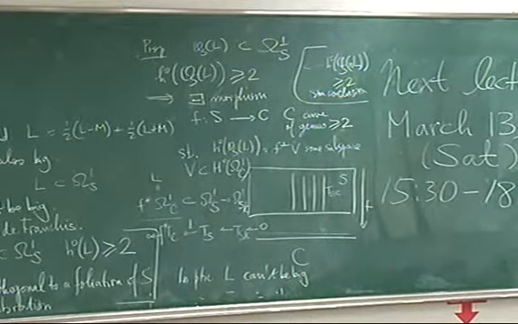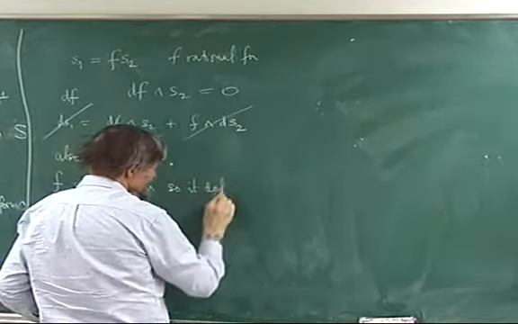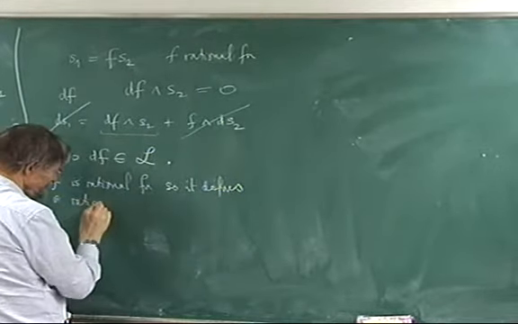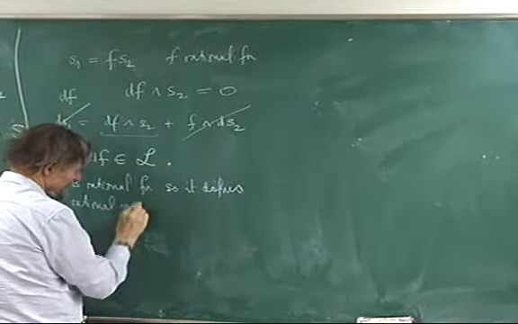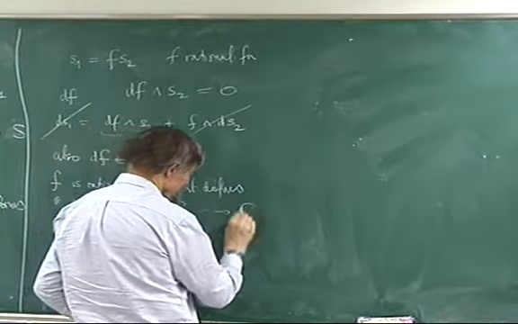Okay, I should say this. So f is a rational function. So it defines a rational map, a rational map S to C.